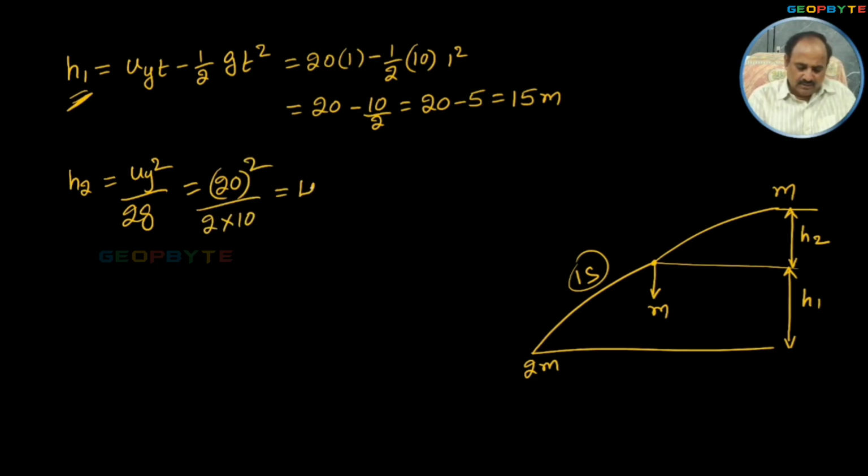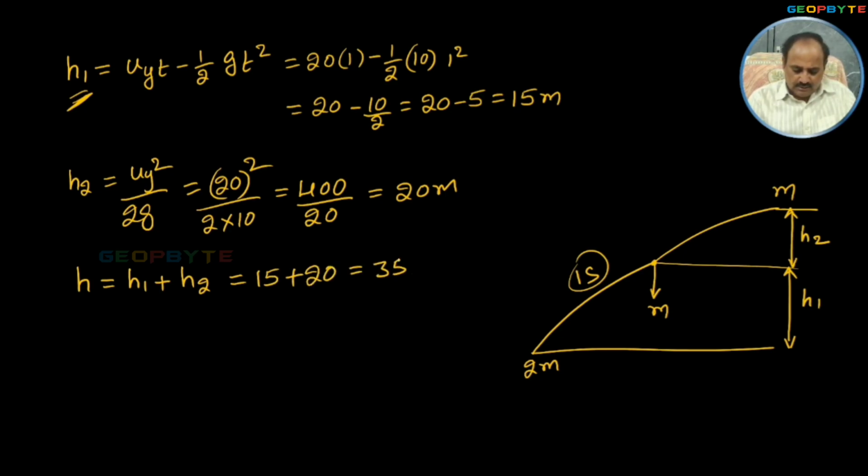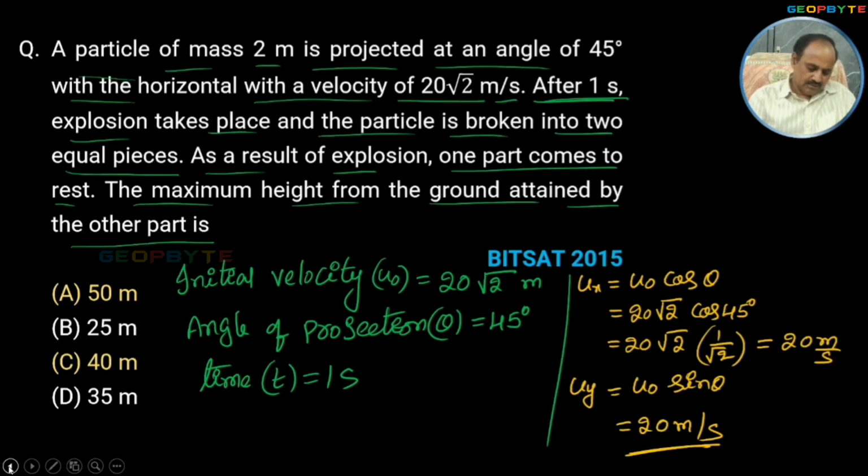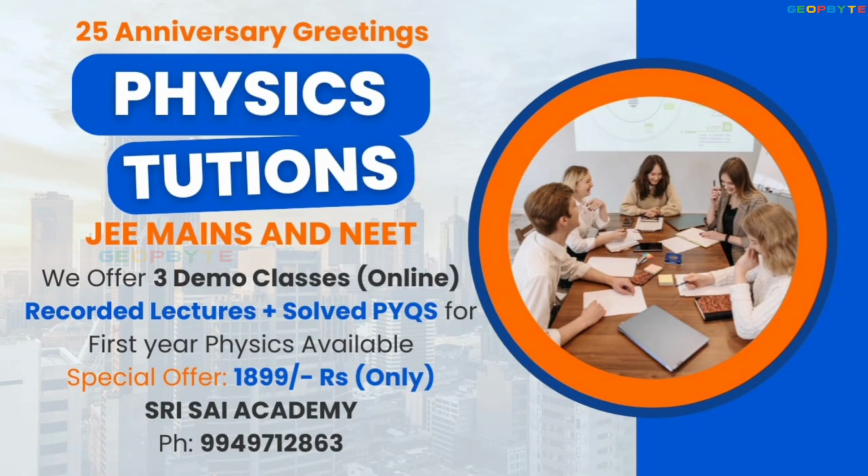It is 400 divided by 20, equal to 20 meters. Then the total vertical distance traveled is h1 plus h2, equal to 15 plus 20 is equal to 35 meters. That is the answer. Look at the options. 35 meters, option D is absolutely correct. Understood clearly? Yes.